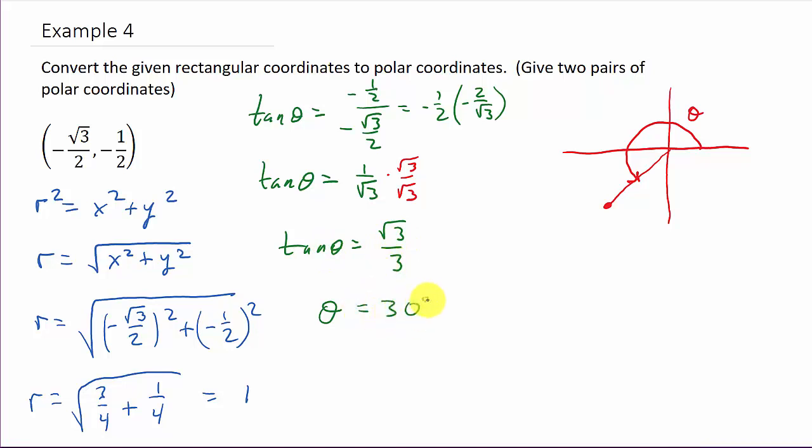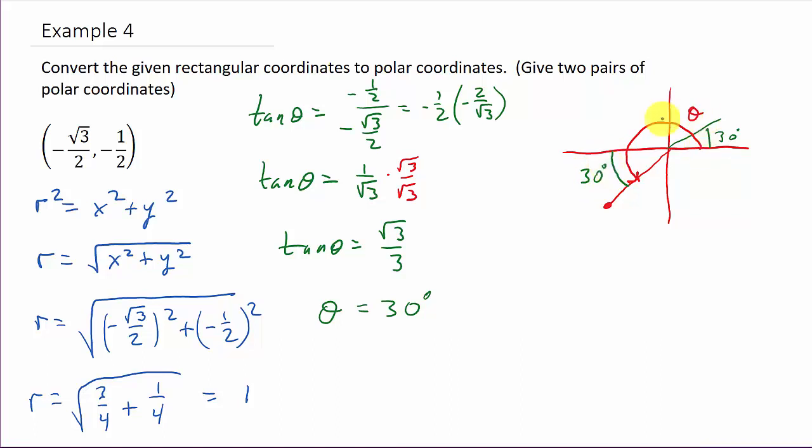Well, that's 30 degrees. This 30 degrees is the angle from the first quadrant. This is also our reference angle. And remember, in the third quadrant, your reference angle is this one right here, so that's 30 degrees.